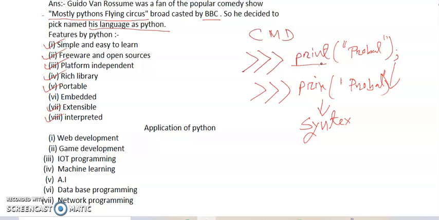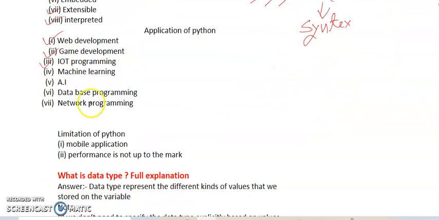Applications of Python, I have already discussed: web development, game development, IoT development, machine learning, AI and database programming, means artificial intelligence, database programming, network programming. And the limitation of Python is mobile applications.